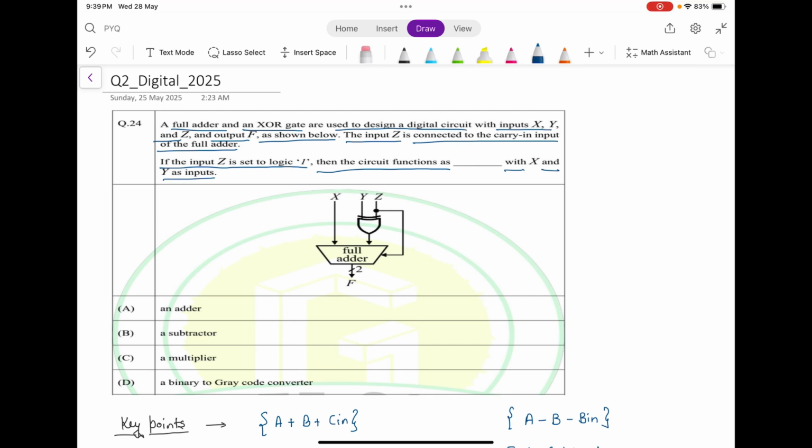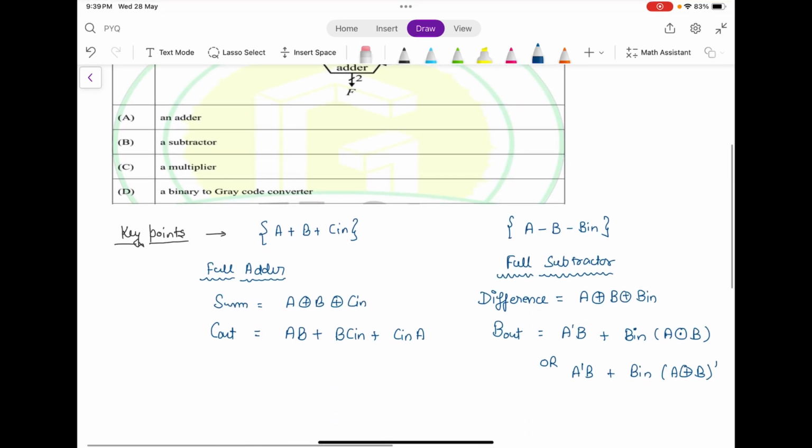So, before writing the solution, you should be aware of two important expressions. First is full adder and full subtractor.